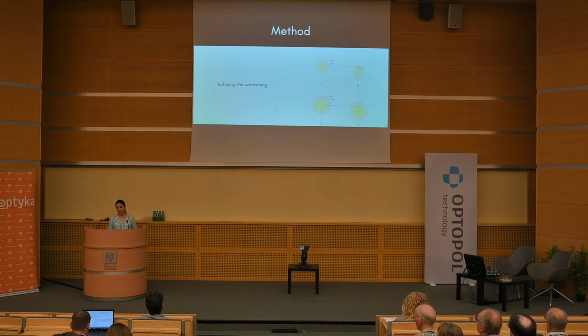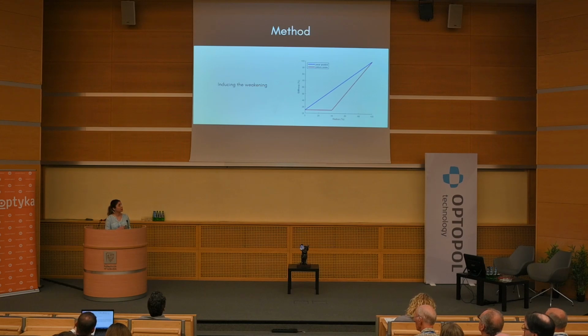For example, we considered central and inferior keratoconus with different diameters, 2 millimeter and 4 millimeter diameter of the weak spot, and also a transition zone. To induce the weak spot, we also considered 2 different methods. The first method was the linear gradient, which is in blue on the graph.